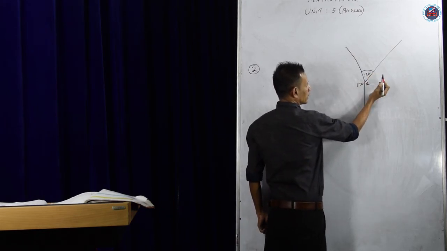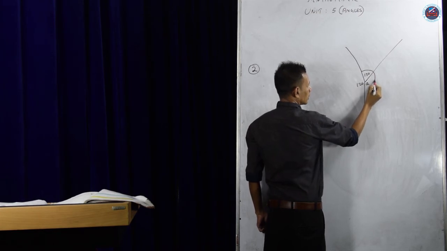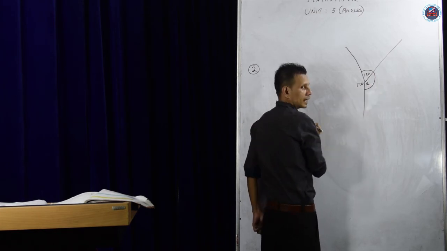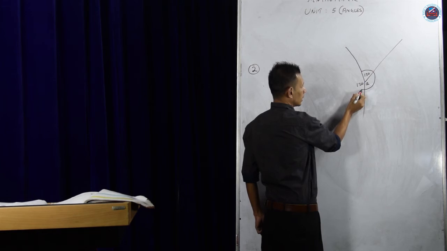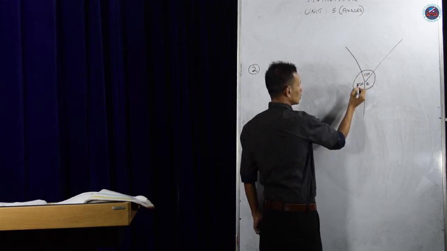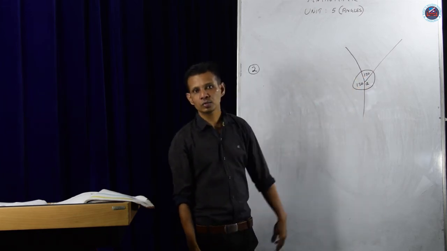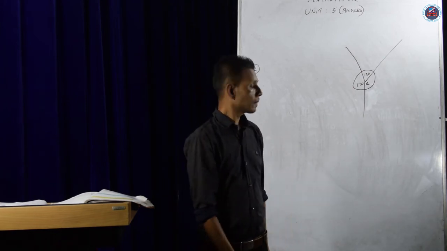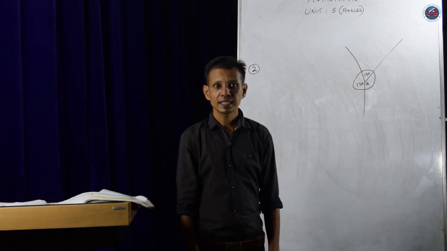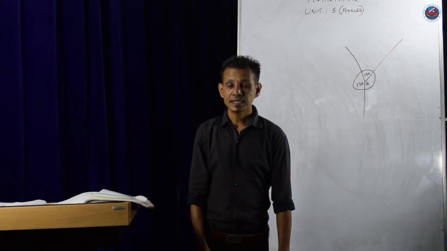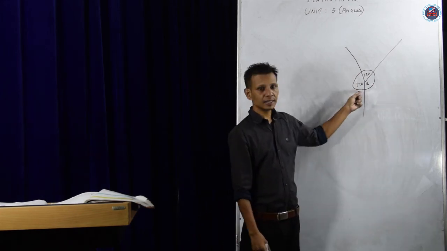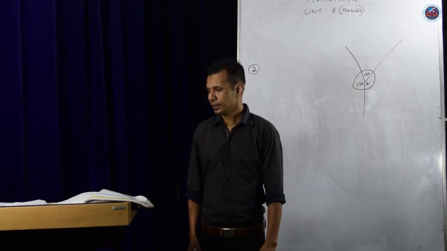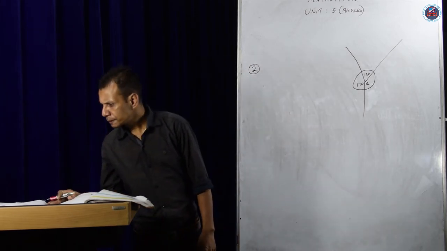This is 130 degrees, this is A, and this is 120 degrees. What do you observe? You see the round circle, that means they are angles at a point.